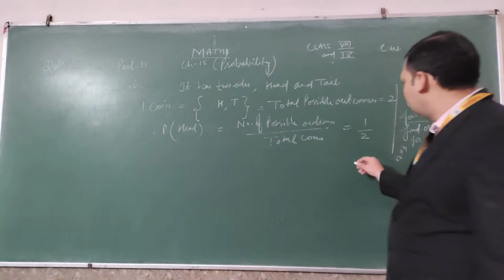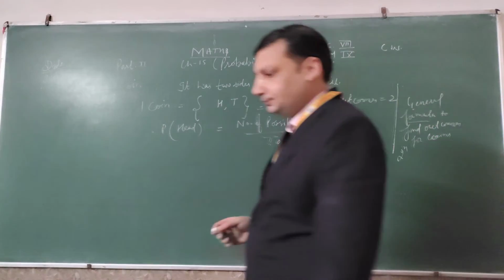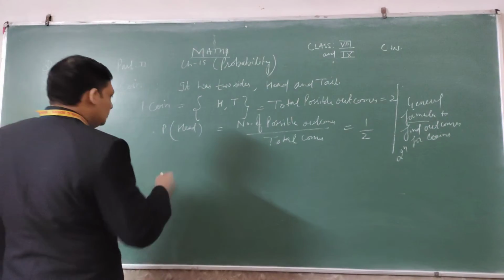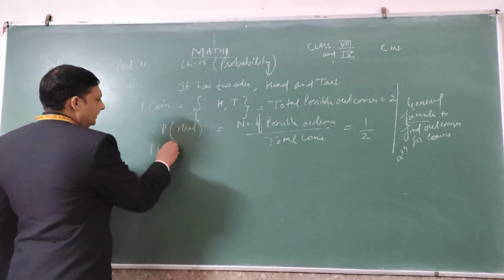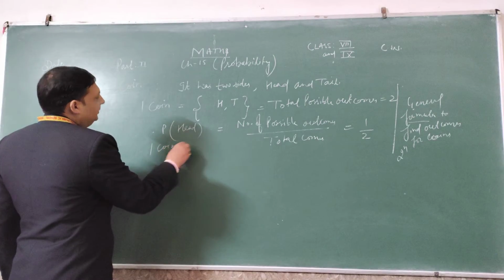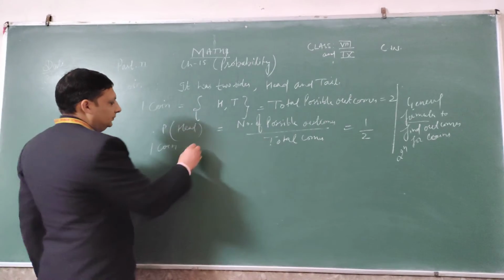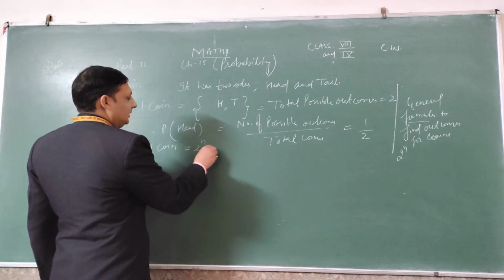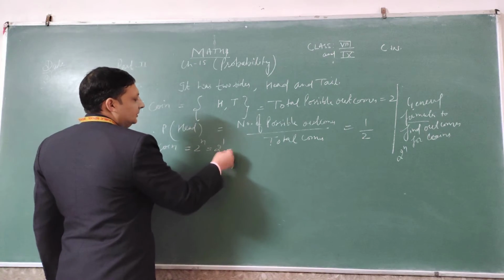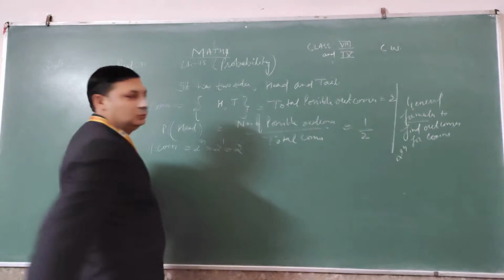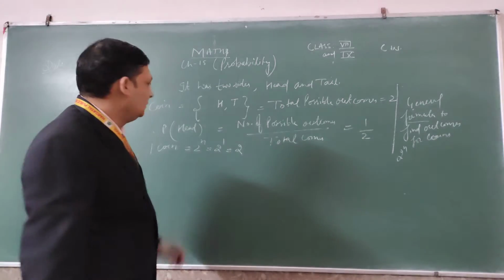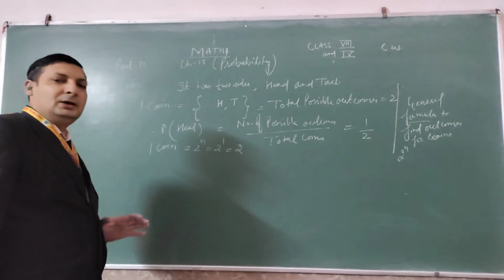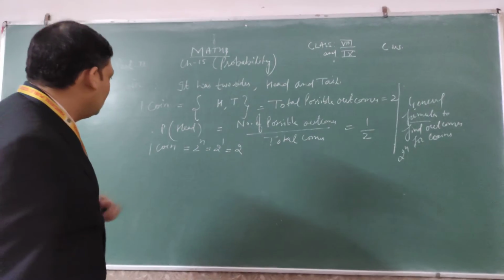When we toss one coin, we will use the formula 2 to the power n. It is 2 to the power 1, which means 2. The 2 are the possible outcomes whenever we find the total outcome for one coin.